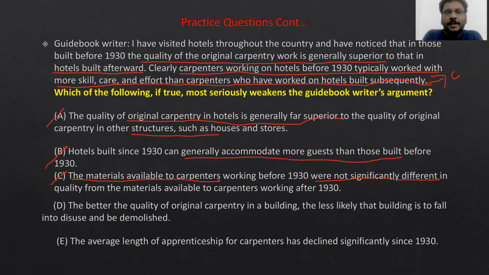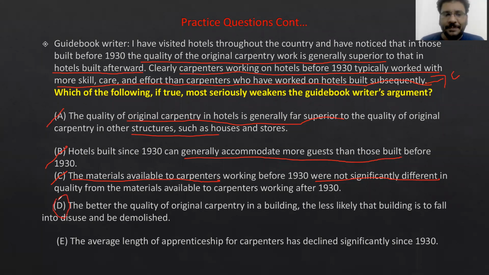So the hotels that the author is talking about are those hotels which have really good carpentry. So this weakens the entire argument by saying that the entire sample that the author uses does not represent the whole gamut of hotels. So that's what we are looking for. So option D is the option that we are looking for.